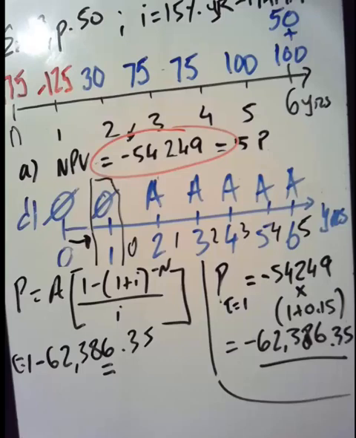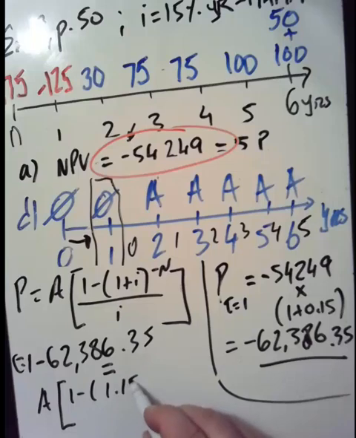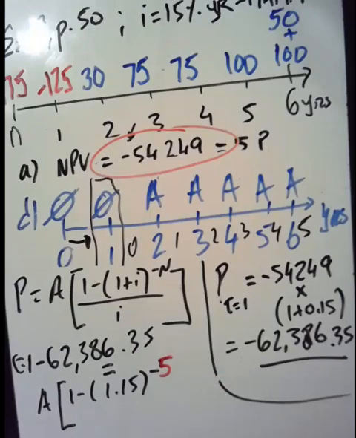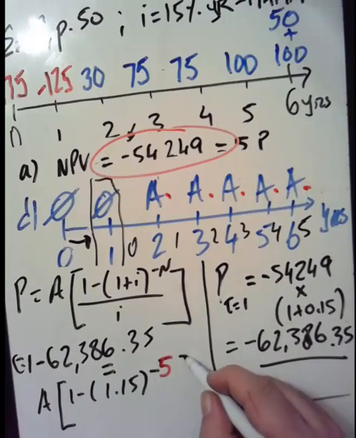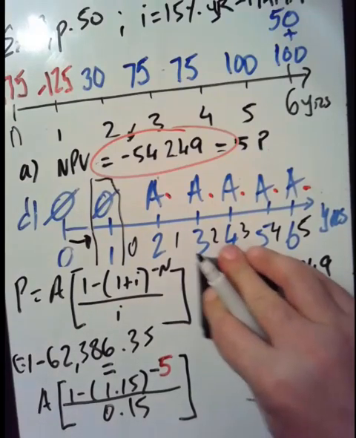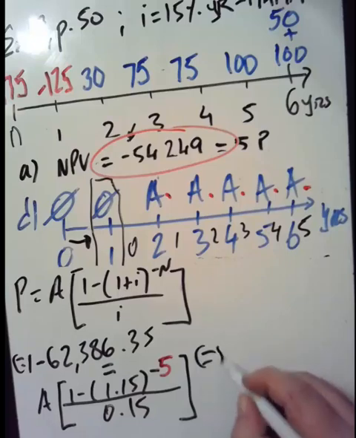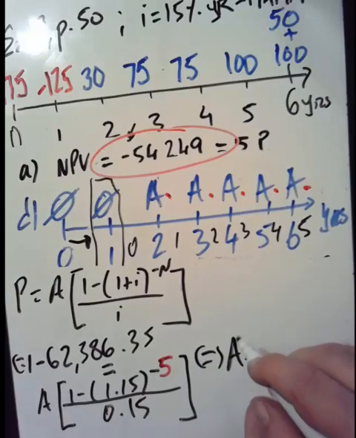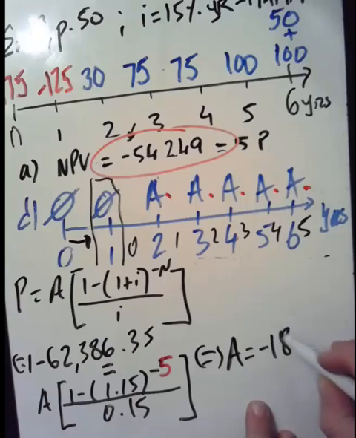Then make this equal to A, the unknown, times 1 minus 1 plus the interest rate, which is 15%, to the power of 5 is the n. 1, 2, 3, 4, 5. Spreading this present value across 5 equal installments, then divide by the interest rate. And this is how you get this new annuity to be equal to negative $18,611.